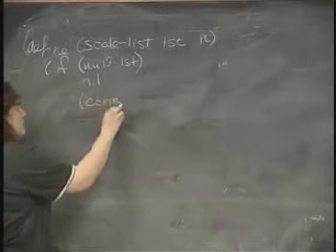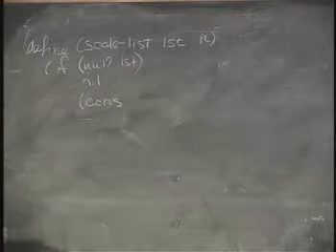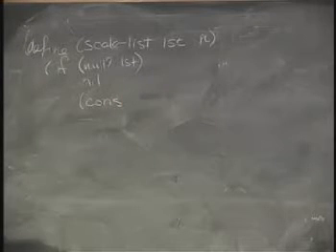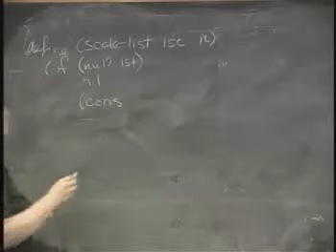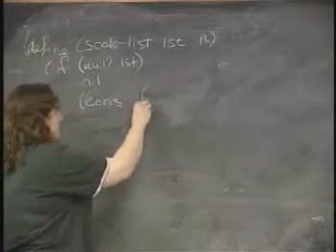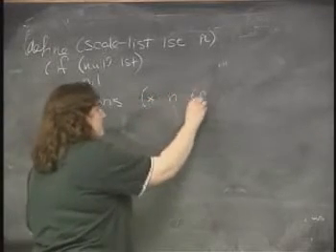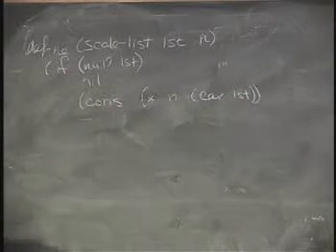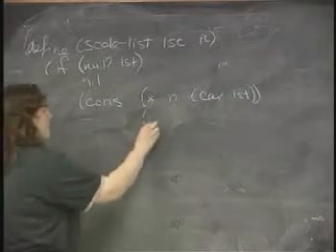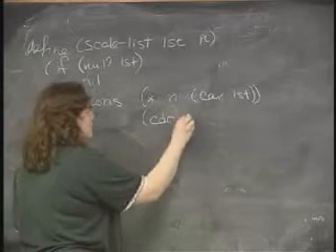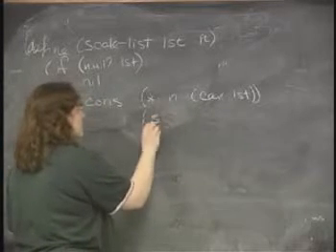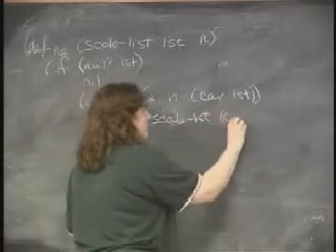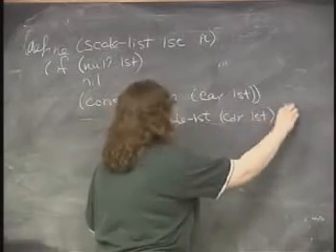So we're going to cons two things together. What's the first thing that we'll cons? The scaled car. And we'll cons that to the scale of the cdr of the list, and n.